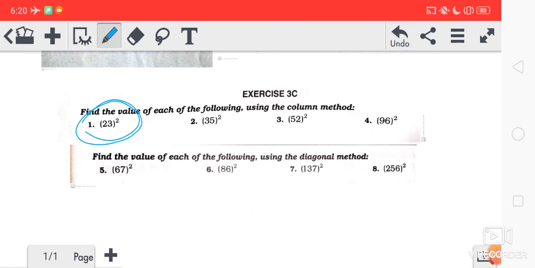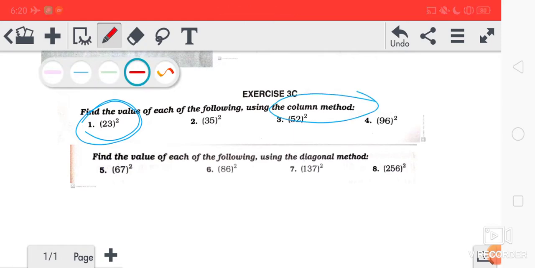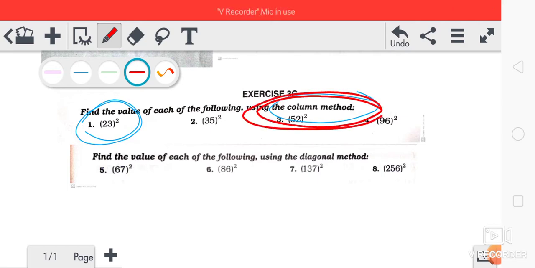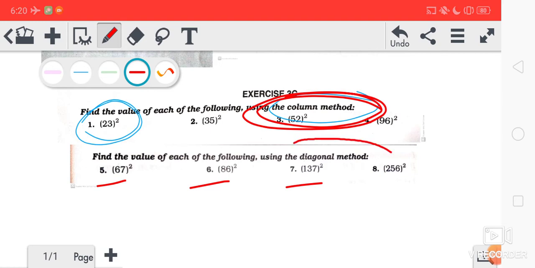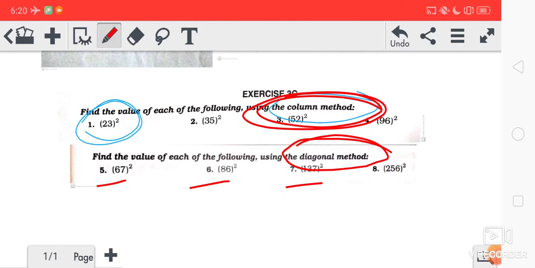It is mentioned here that we should use the column method. Just look here, using column method. In another question, 67 square, 86 square, 137 square, you have to find the square using the diagonal method. So we are going to discuss the two methods of finding the square of any number.